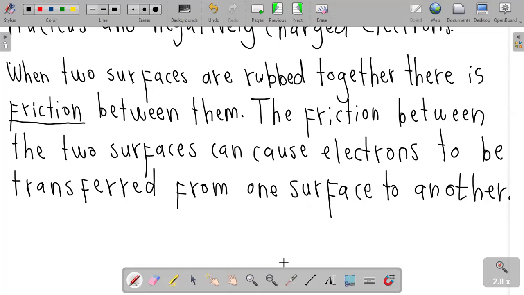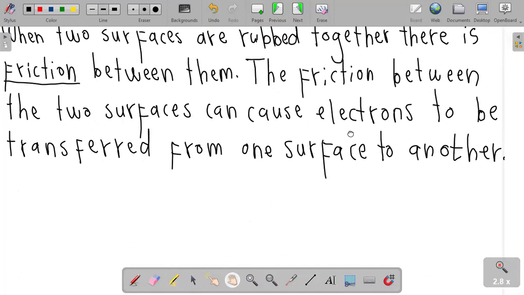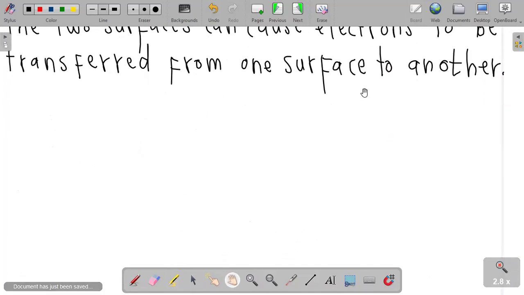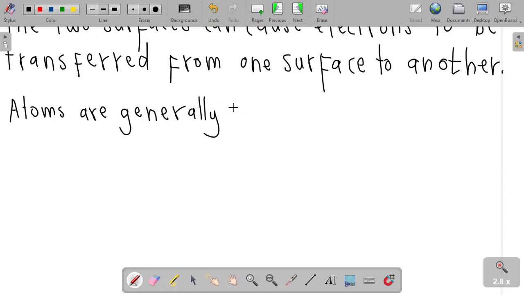The nature of an atom is that, generally speaking, atoms are neutral, unless there's a transfer of electrons.